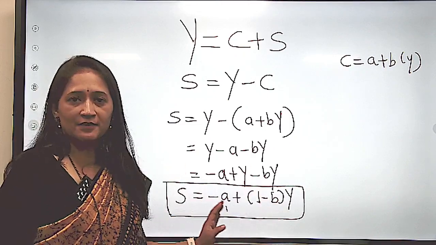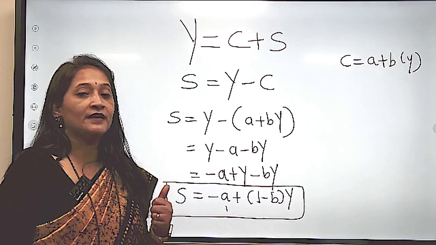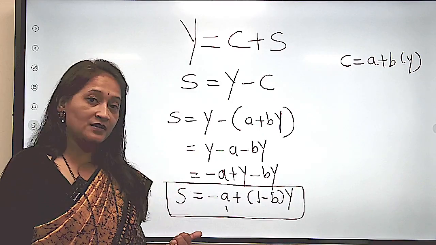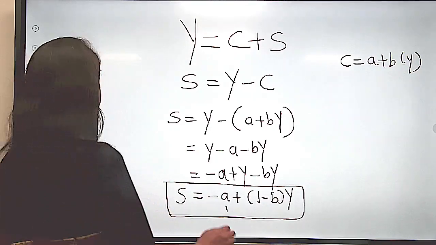So from this saving function, now we can solve for the values of savings for the country for different levels of income. So let's do it.